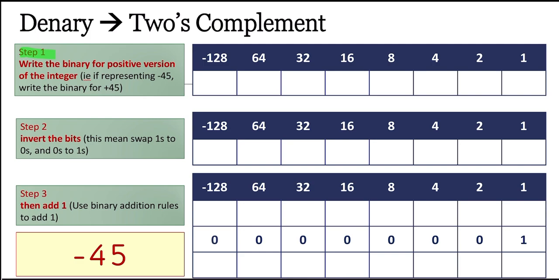So positive 45 gives us 0, 0, 1, 0, 1, 1, 0, 1. Okay, 32 add 16 is 48. Add 8 is, sorry, 32. Why am I adding 16? What am I talking about? 32 add 8 is 40, add 4 is 44, add 1 is 45.